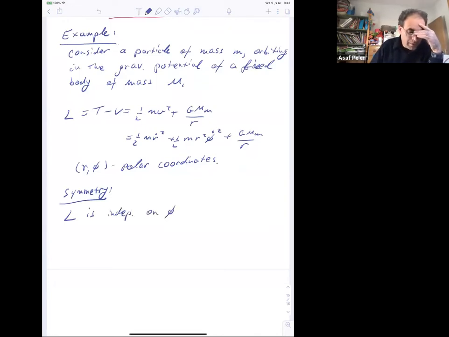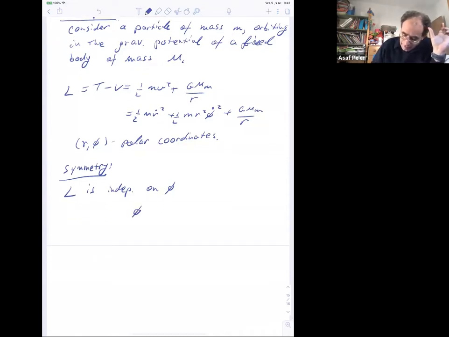So that means that we can make an infinitesimal transformation. Remember, it has to be a continuous symmetry. If we take an infinitesimal transformation from phi to phi prime, which is phi plus delta phi, where phi here is an angle, don't confuse it with a field, then the Lagrangian is invariant.